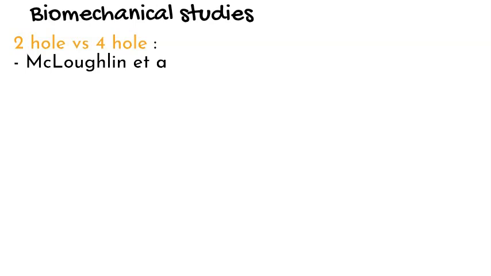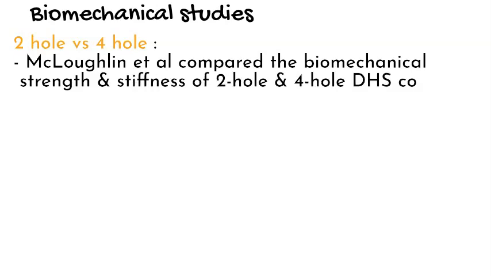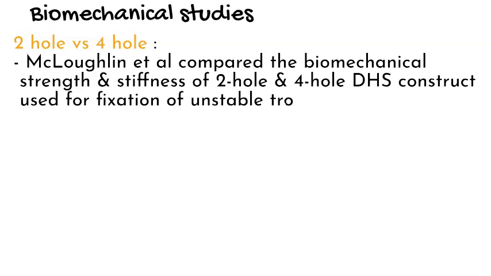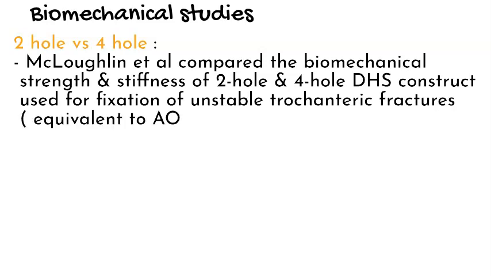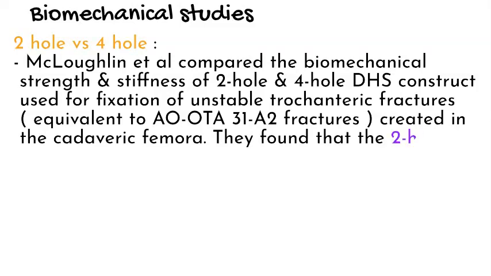Another favorite question. Which one would you choose? 2-hole versus 4-hole plate. McLaughlin et al. compared the biomechanical strength and stiffness of 2-hole and 4-hole dynamic hip screw construct used for fixation of unstable trochanteric fractures, equivalent to AO/OTA 31A2 fractures, created in the cadaveric femora.